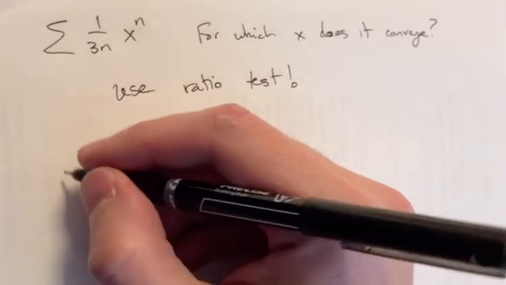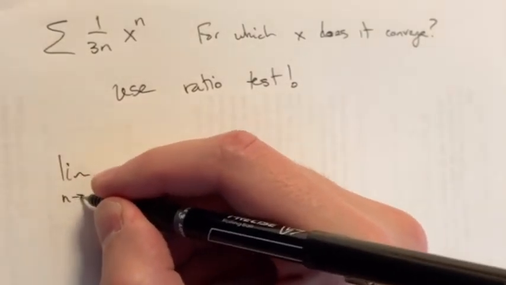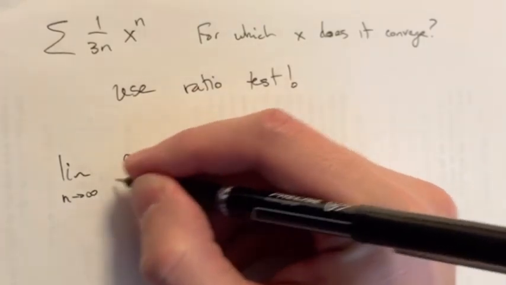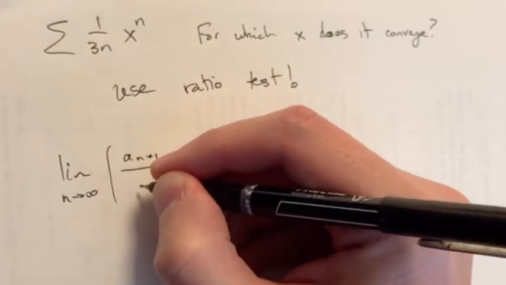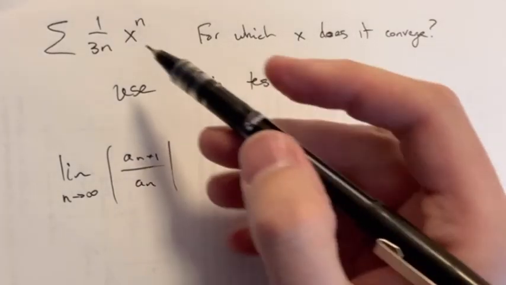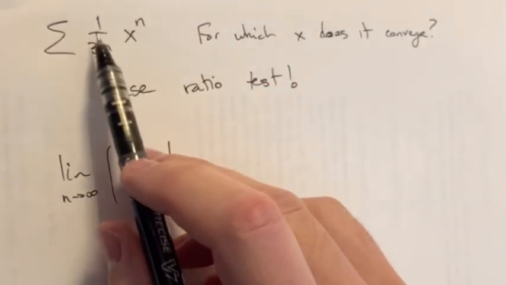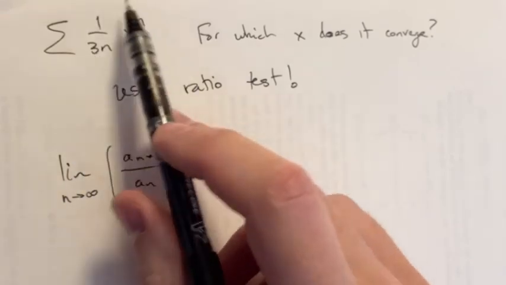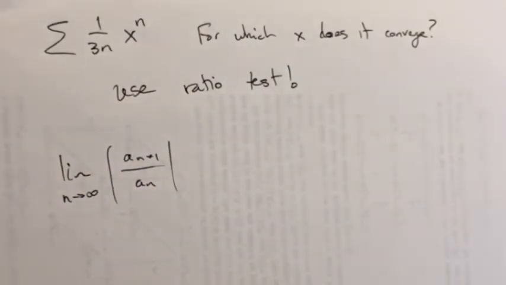So I'm going to do this whole thing, limit as n goes to infinity, absolute value, a_(n+1) over a_n, right? Plug it in, where the a is everything on the inside. Don't just take this 1 over 3n part, but you have to take everything, all right? And in fact, you'll see why. We want to take the x's also.